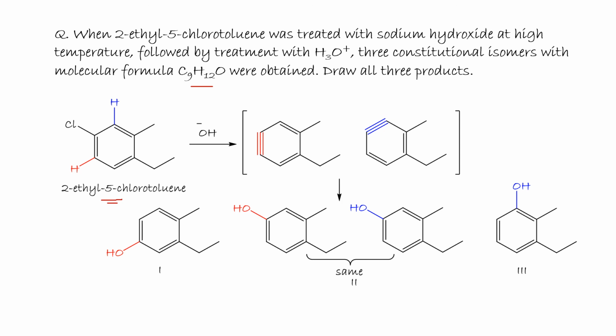Draw the structures. We have here an aromatic system, a halo compound, so it's a halogenated aromatic, and the criteria of this reaction will be elimination-addition, benzyne. There is no nitro on the ring, ortho or para to the Cl.